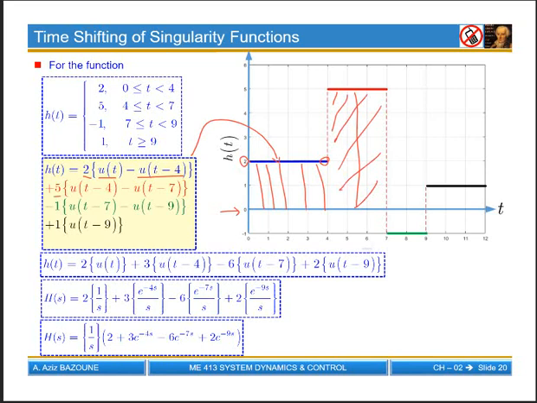It starts at 4: 5 u(t minus 4) minus 5 u(t minus 7), the red one. The last one, the green one, has magnitude minus 1. It starts at 7 and ends at 9: minus u(t minus 7) plus u(t minus 9). And then, from here to here, the magnitude is 1.